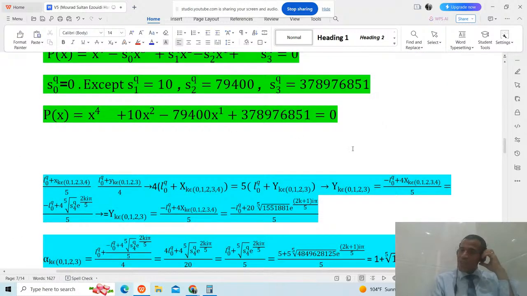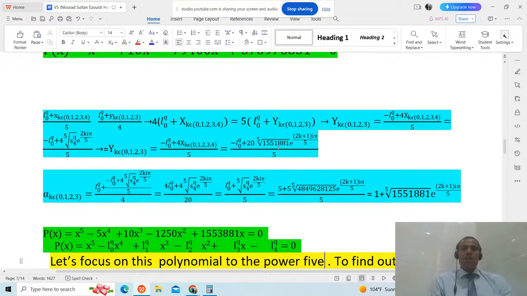But in fact, there is a relationship between them. It will appear after, telling that the sum over k from 0 to 4 over 5 equals the sum over k from 0 to 3 over 4, meaning this relationship will give you the roots of this polynomial using 10 to the power 5.